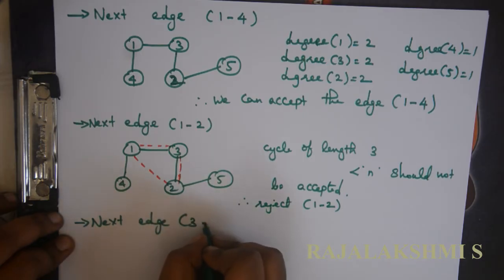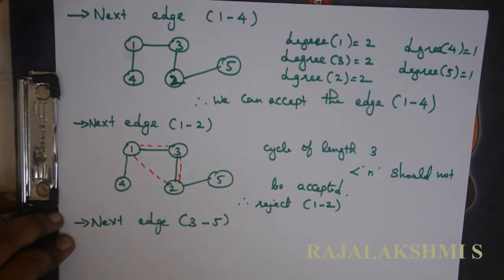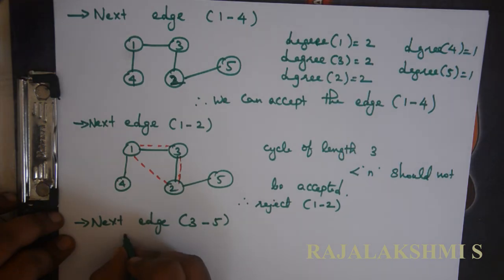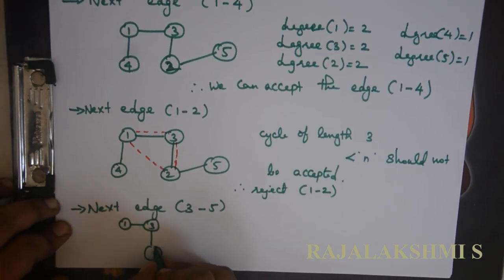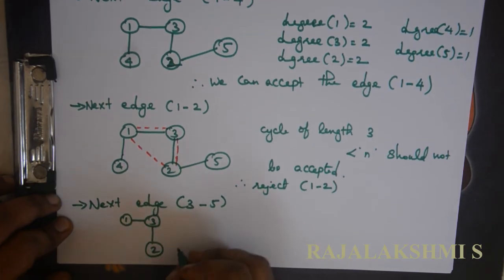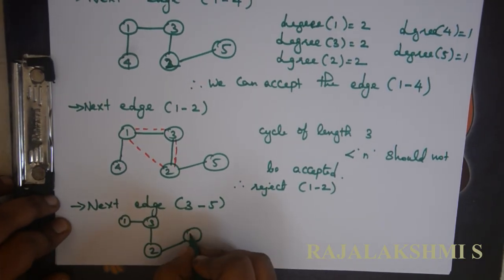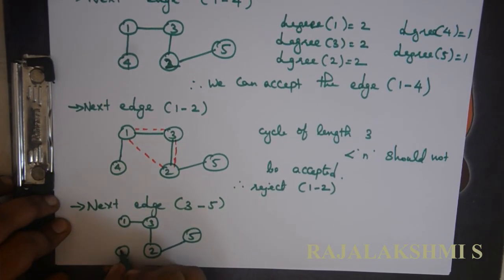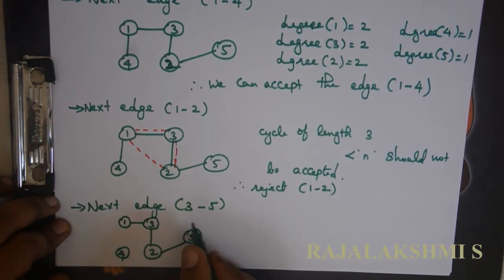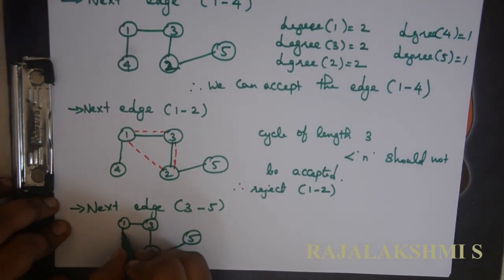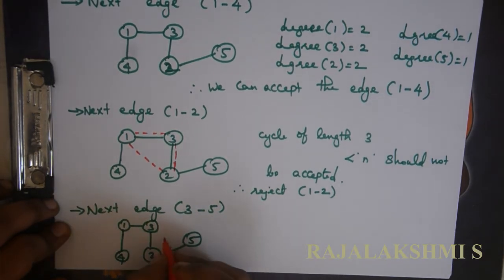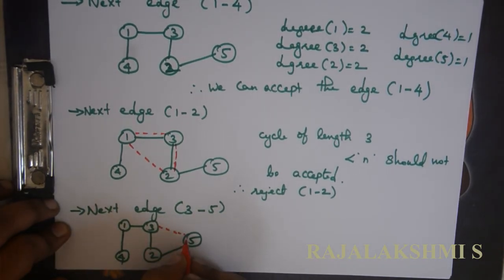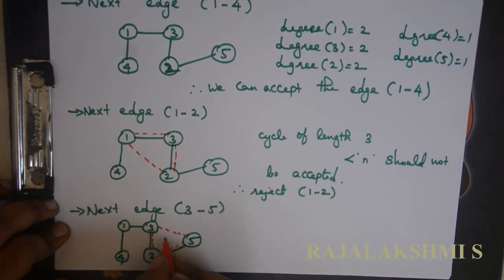So what is the next edge we are having? It is 3 to 5. So I am drawing the previous diagram as it is: 1, 2, 3, here it is 2, and here we will be having 5 and 4, right? Now if I draw a line from 3 to 5, once again it forms a cycle of length less than n.